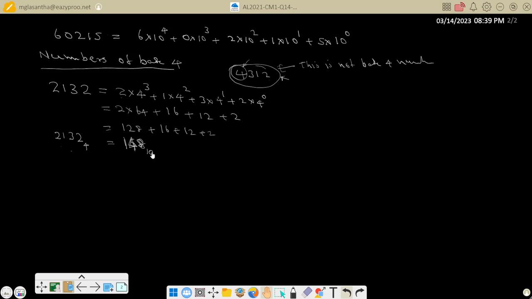Base 10 means our ordinary number, the number you are familiar with from your childhood. So there is 148 in base 10, but on the left hand side there is a number in base 4.